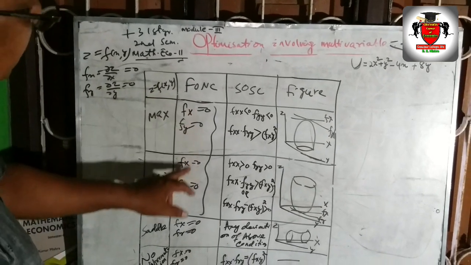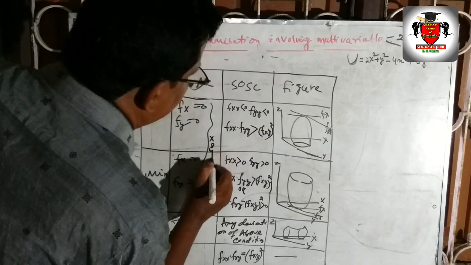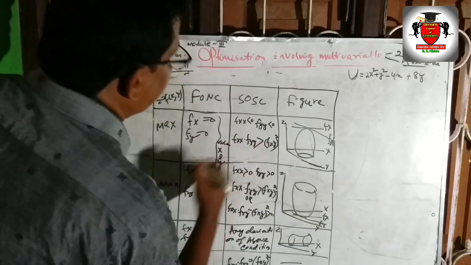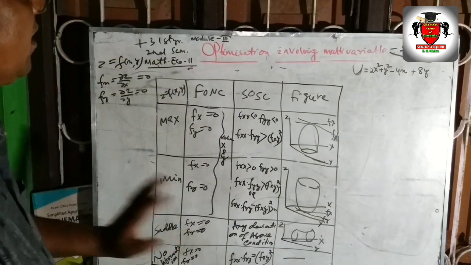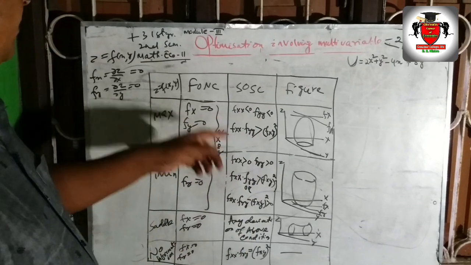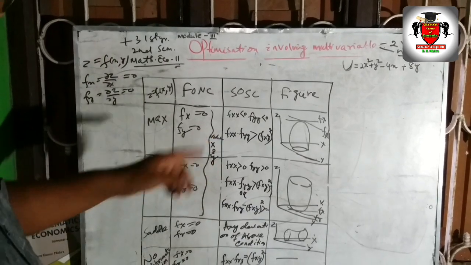These conditions give us the values of x and y; the values of x and y can be calculated from these conditions. And the second order condition always gives us the information about maximum, minimum or saddle point. Look at this.